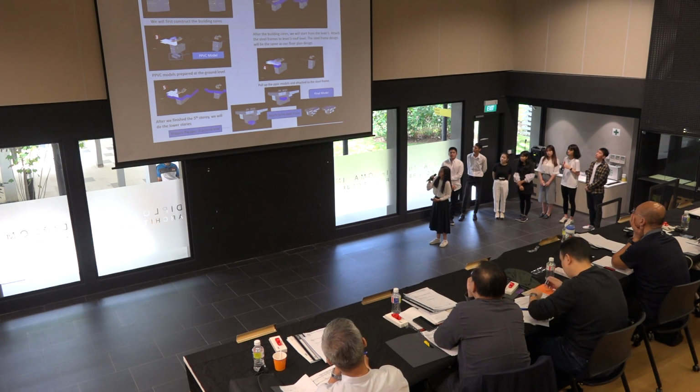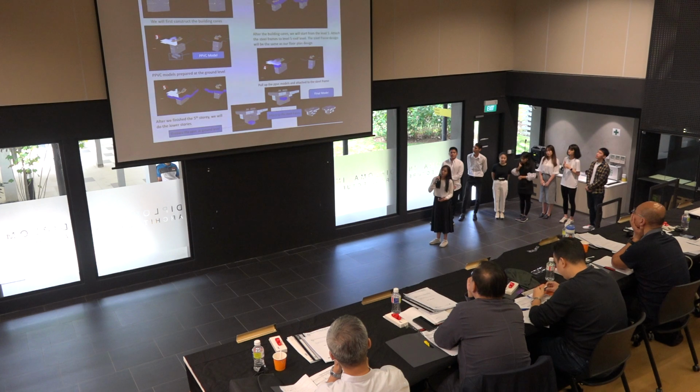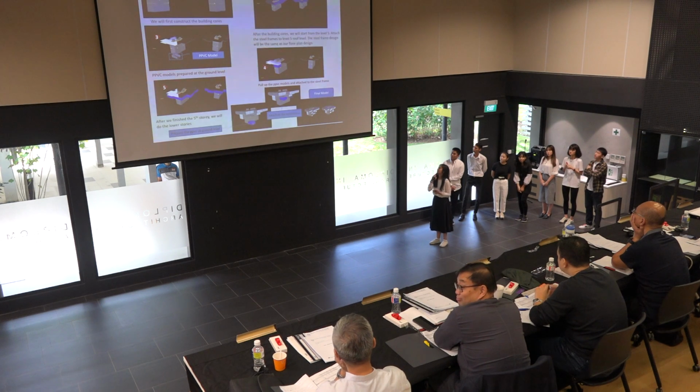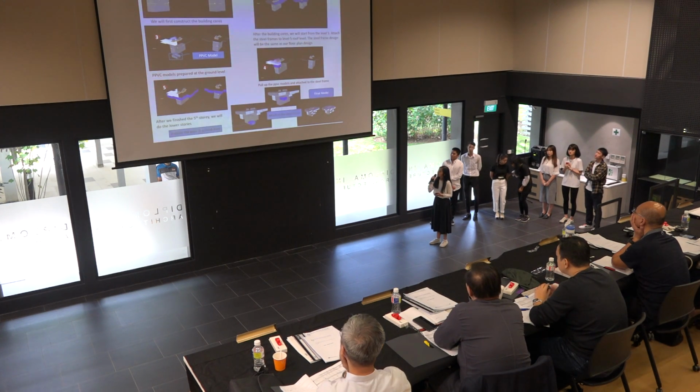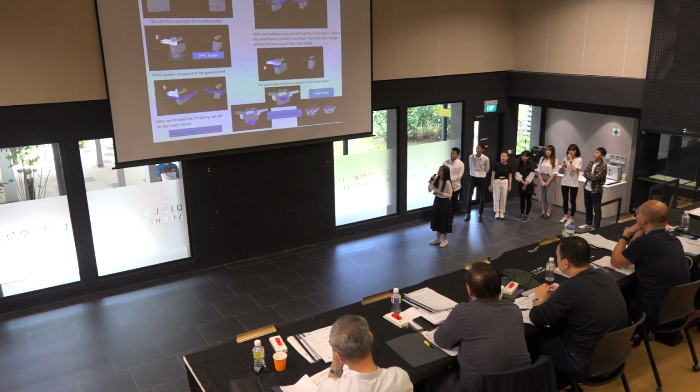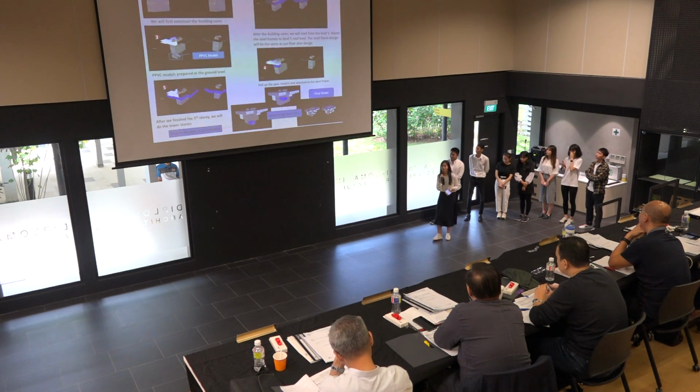The PPVC modules will be prepared on the ground and then hoisted up to attach to the steel frame. After finishing the upper level, we continue with the floors below, and attach them to the building core instead.